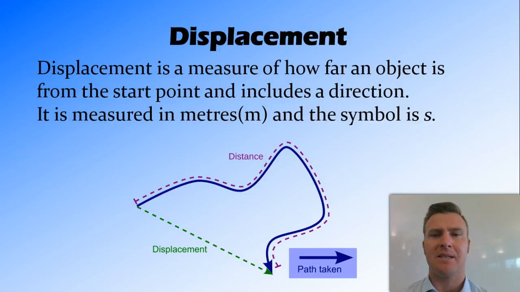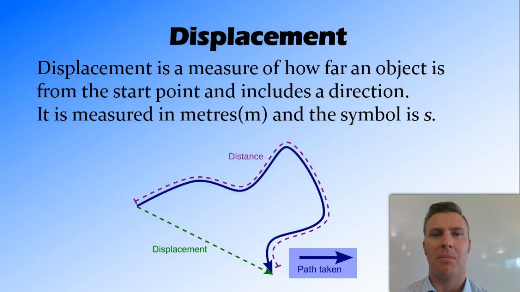Displacement is similar to distance, only rather than distance being how far you've traveled, displacement is how far you are from your starting point. So that's as the crow flies, how far you are from the starting point, as well as having a direction. It's also measured in meters, and the symbol for displacement is S. So in this example, you can see that the distance is the blue line.